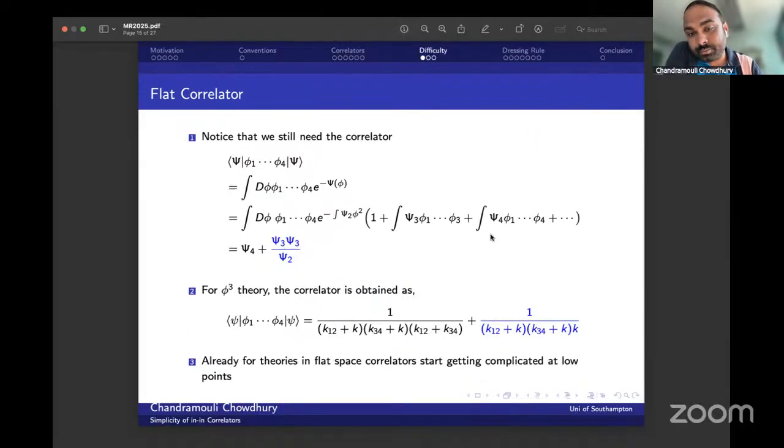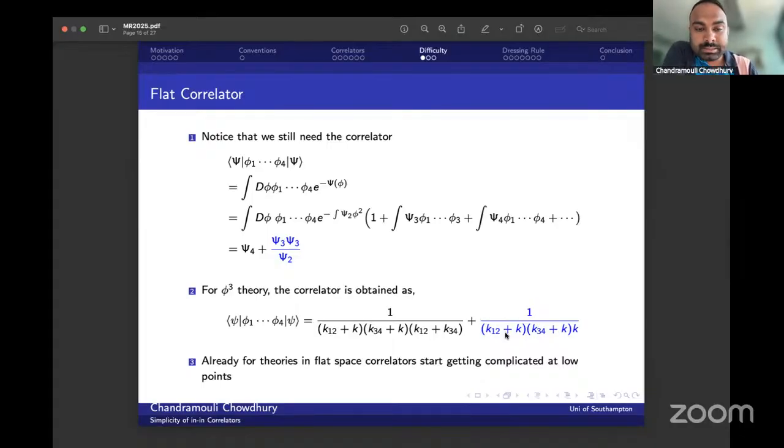Plus, just from the next order term here, you would get a contribution also from the lower point wave function coefficients. Okay, so the full correlator, for which you had to do this extra path integral, arises from a sum of two terms, where one term comes from psi4, and the other term comes from the product of the 3-point wave function coefficients.